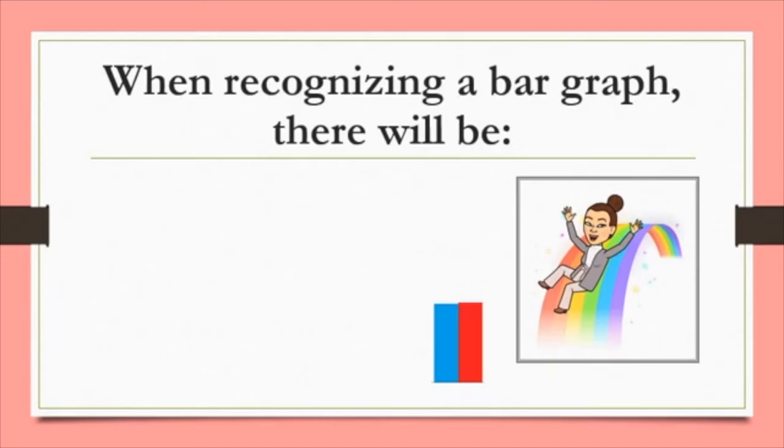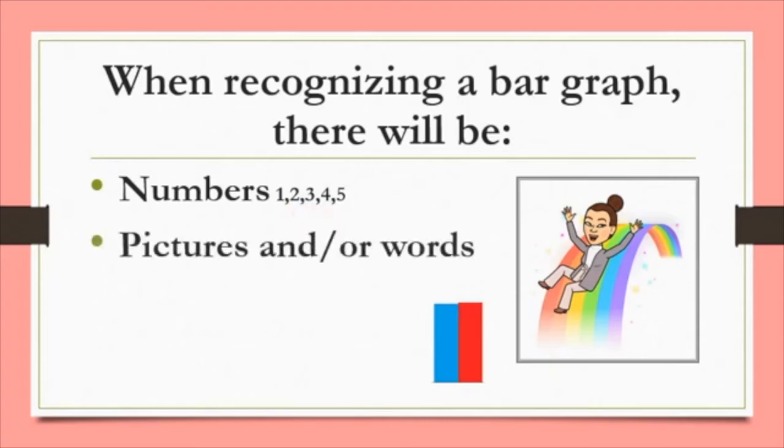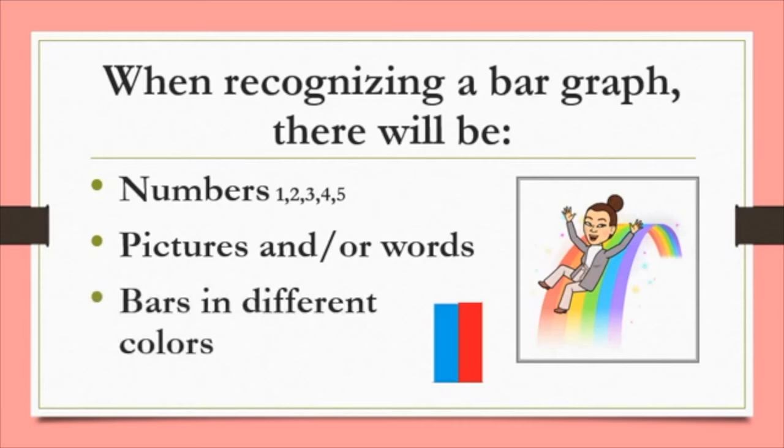When recognizing a bar graph, there will be numbers. Yes, numbers like 1, 2, 3, 4, and 5. There will also be pictures or words, and those pictures and words will be there to guide you along the way. And lastly, there will definitely be bars in different colors.